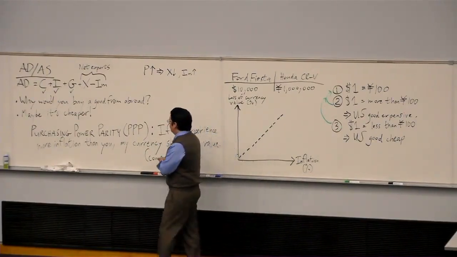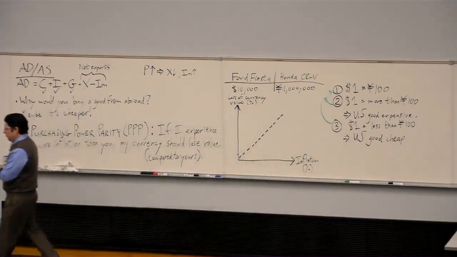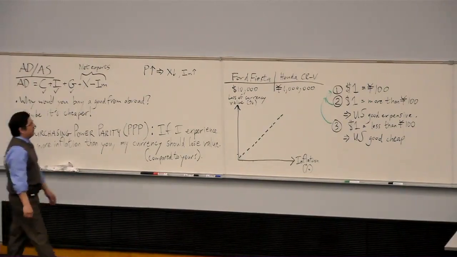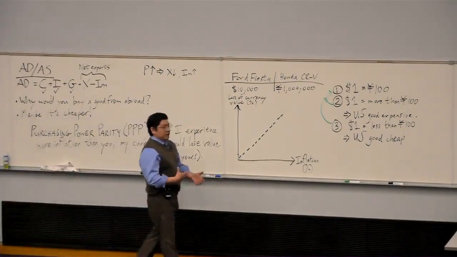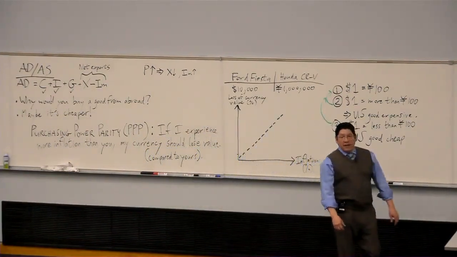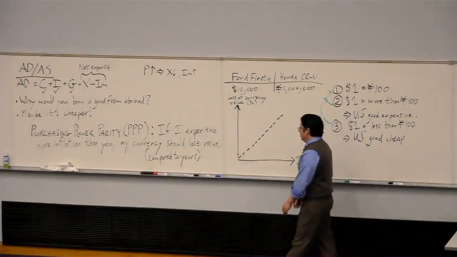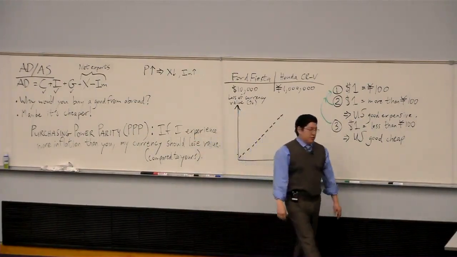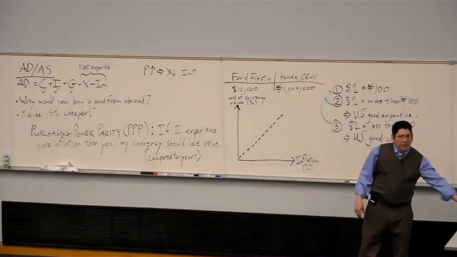So we have two more things that we need to do here. One is, now we know what this says about the shape of the demand curve. What does it tell us about other factors that might move it around? And the other loose end that we have is, okay, fine, PPP only works over long periods of time or in extreme cases. But we know exchange rates move around all over the place.